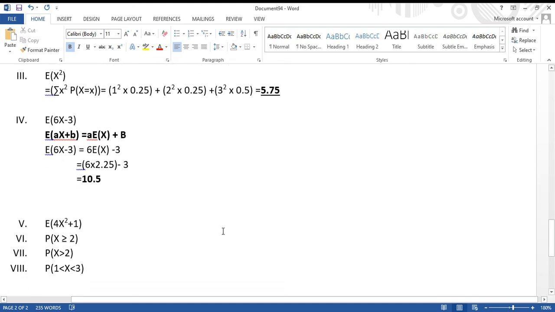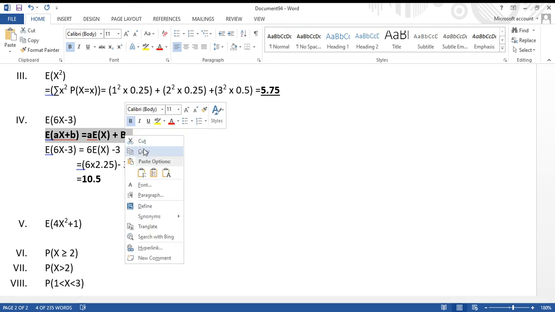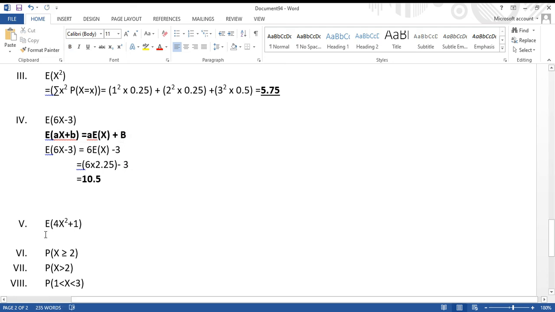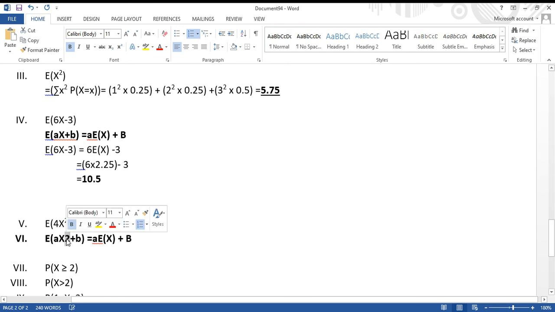All right, then the next one is E(4X squared plus 1). For this one, we're still going to follow this principle. The only difference is this is going to become E(X squared), but the same principle applies.